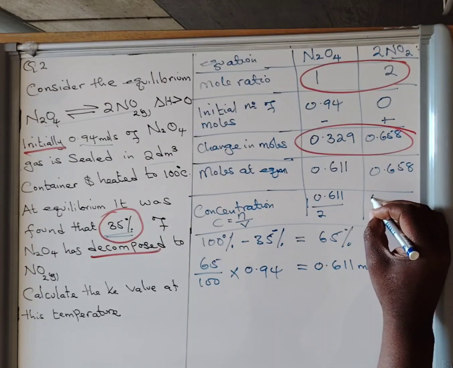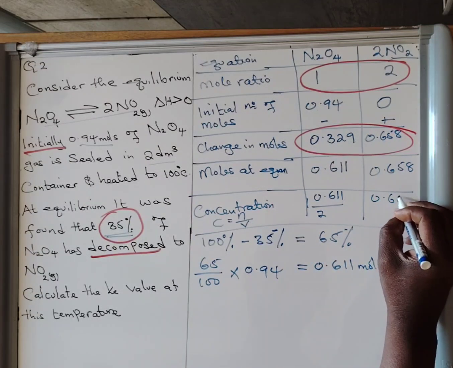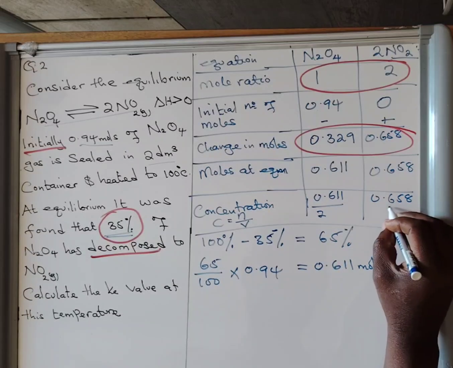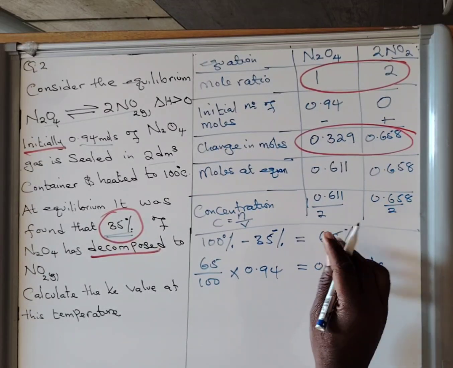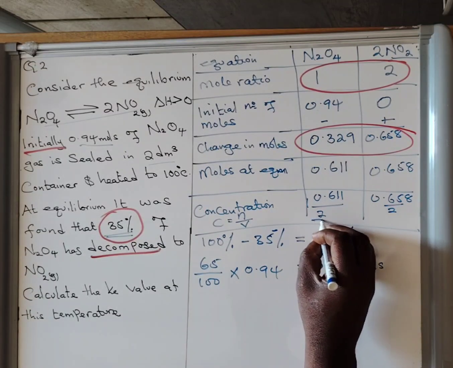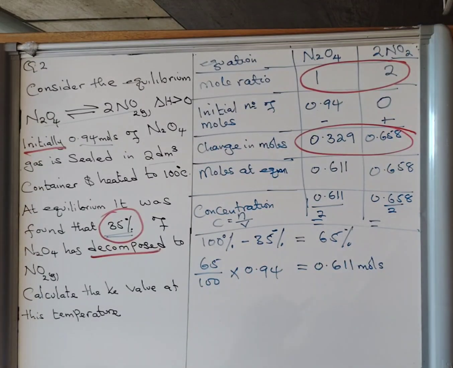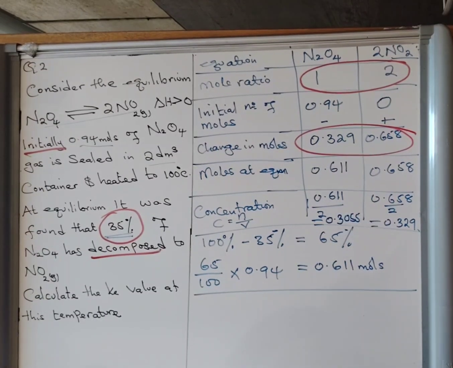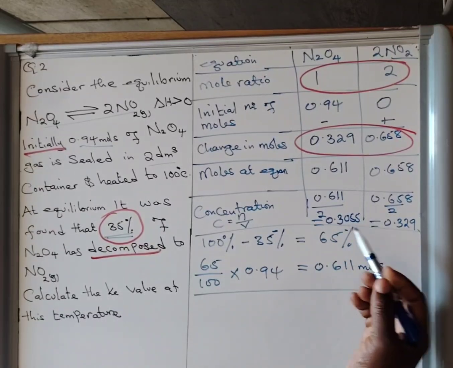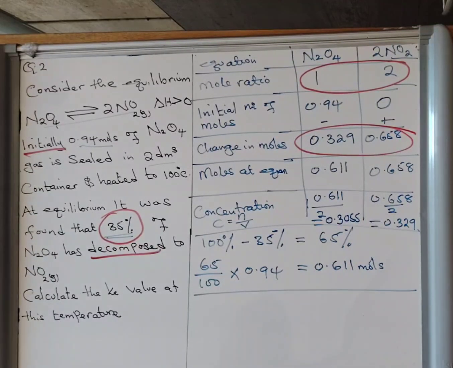The same applies here, it is going to be 0.658 divided by 2. What you get out of this one will be the concentration, which you are going to put in the expression. So these are the concentrations we get after dividing by the volume.